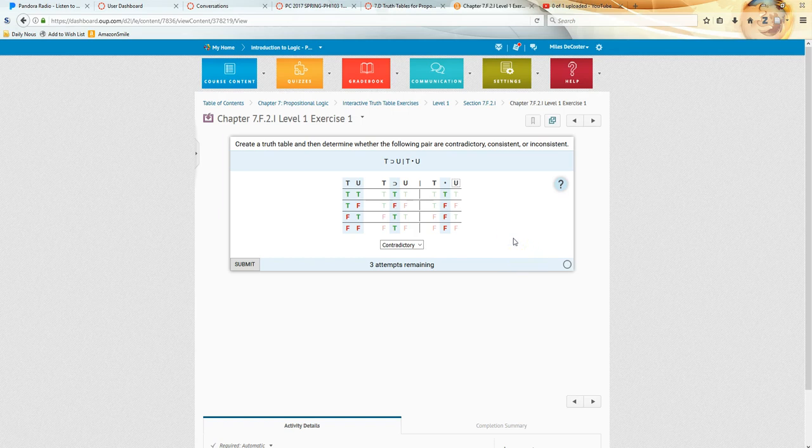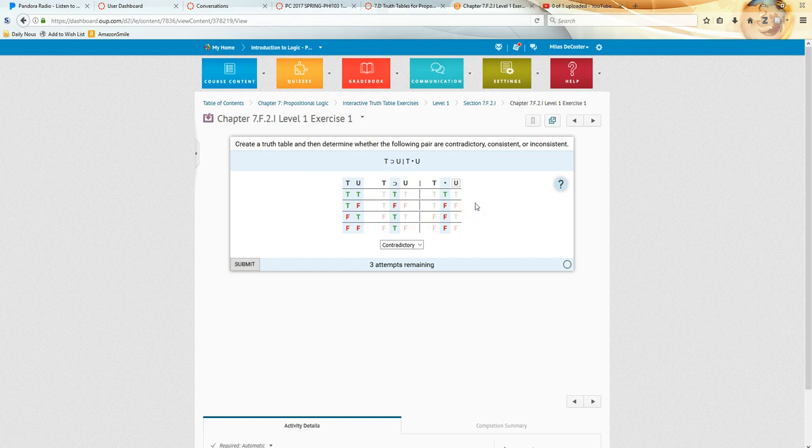For a set of claims to be inconsistent, it's kind of like contradictory with one exception. An inconsistent set of statements is one where they're never both true at the same time. There's no line in which they're both true. There could be lines in which they're both false, that is, they have the same values, but there's no line where they're both true at the same time.